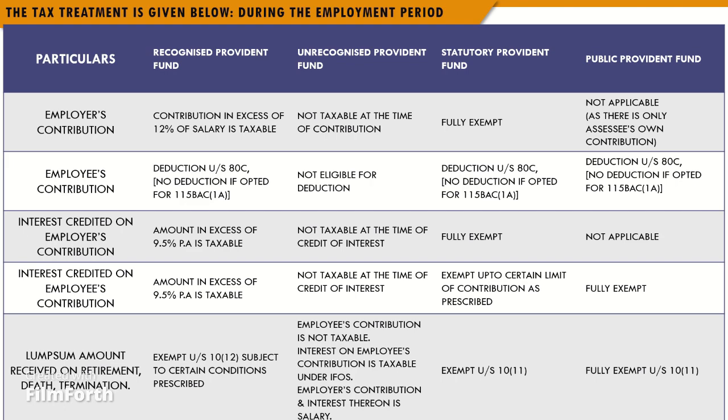Next one, Public Provident Fund. Employer's contribution: not applicable, as there is only the assessee's own contribution. Employee's contribution: eligible for deduction under Section 80C, wherein the employee exercises the option of shifting out of the default tax regime provided under Section 115BAC(1A).